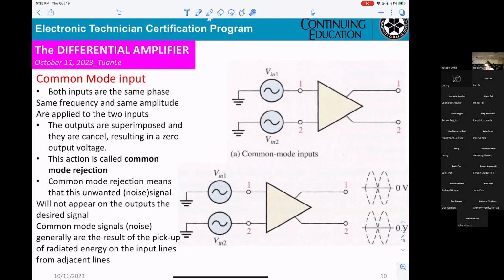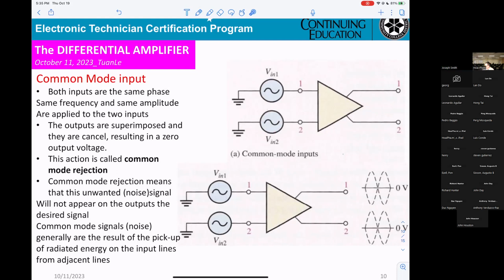The noise radiation signal will go to both inputs, not only one.